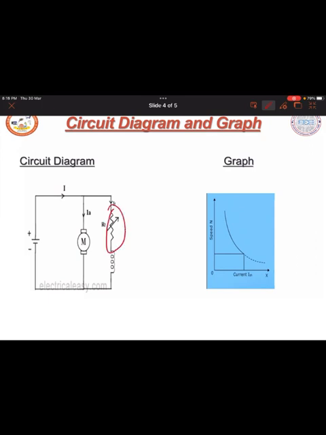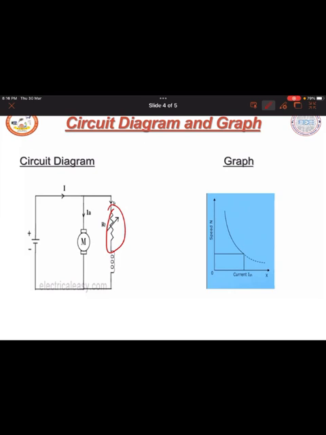Here you can observe we are adding an additional rheostat in series with the field winding, which adds an additional resistance and controls the current flowing through the field winding. If the rheostat is kept at the minimum position, the maximum current will flow through the winding.